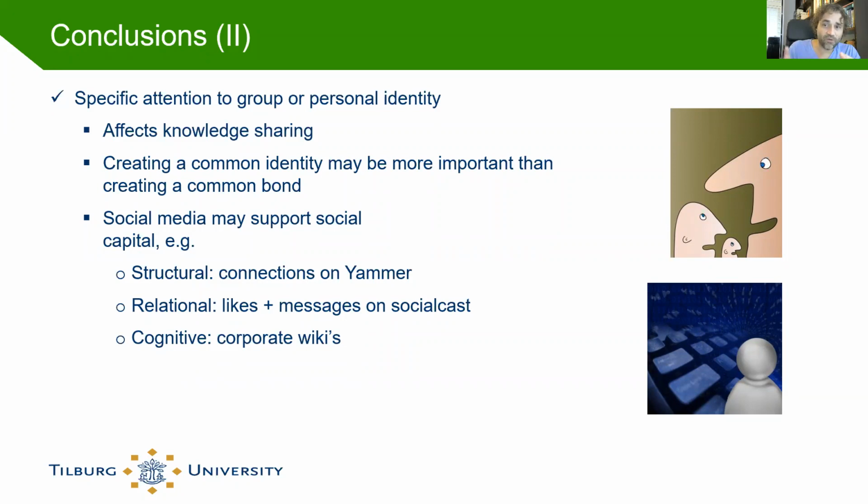Because that affects knowledge sharing, and that is also useful in those wider networks of practice, because networks of practice are usually so large that people don't know each other individually. So you would have to stimulate some kind of commonality, some kind of identity in order to have people work together.